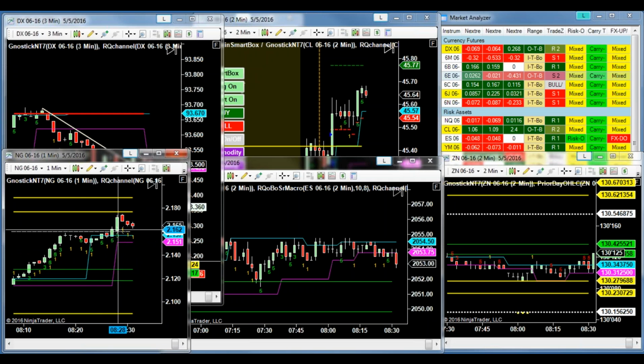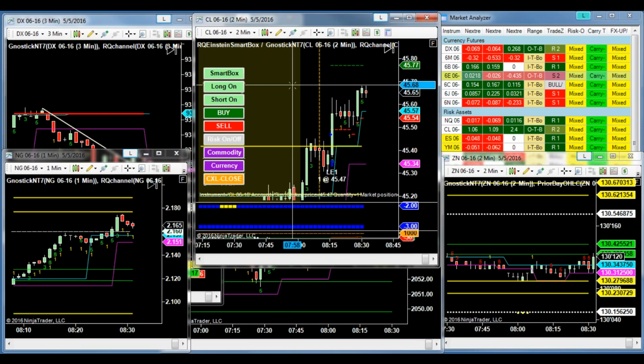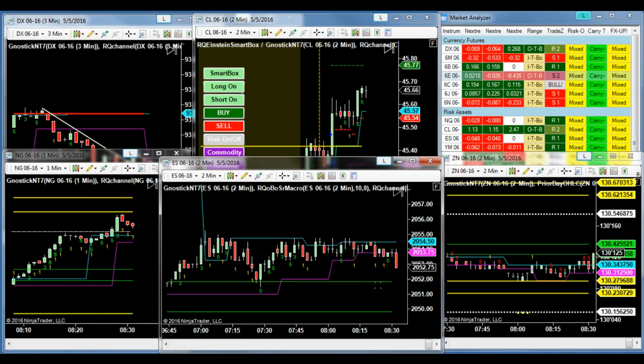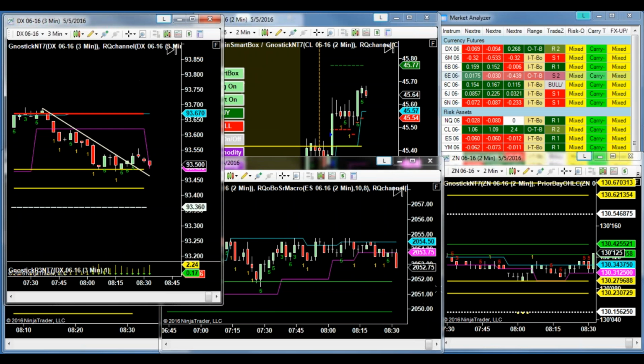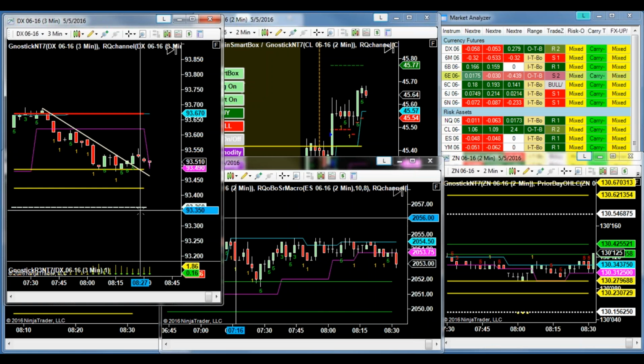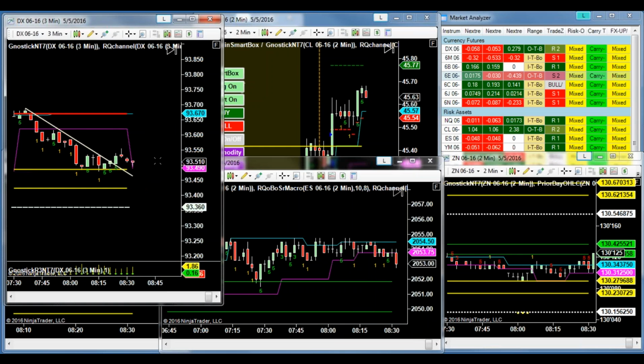This is where we were supposed to get long. So after this trade, and let's see how the markets are reacting. Well, not good for our position as far as the S&P. But let's see. We're going to wait it out. See what happens to the dollar. If the dollar decides to turn around, I'll go ahead and click the exit button.